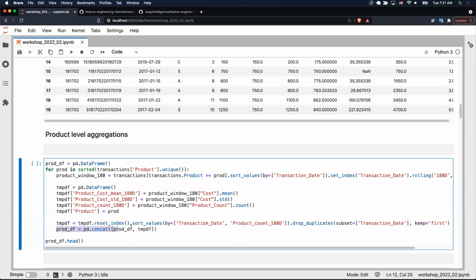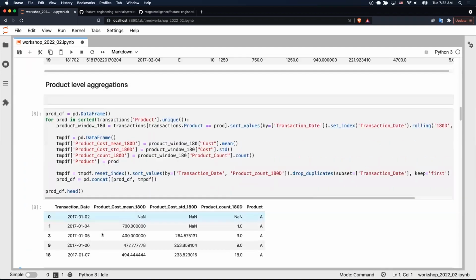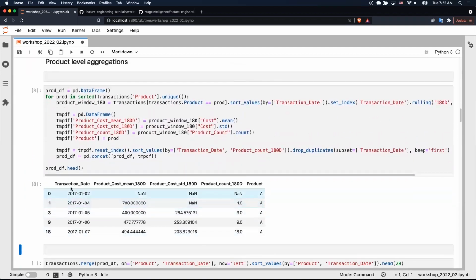And then I just keep track of all of those products. So we're just going through each product in the list and keeping track of what the behavior of that product is on a given day. So we can see as we run through this each day for product A, we see the count. We notice the first value is missing. We expect that.